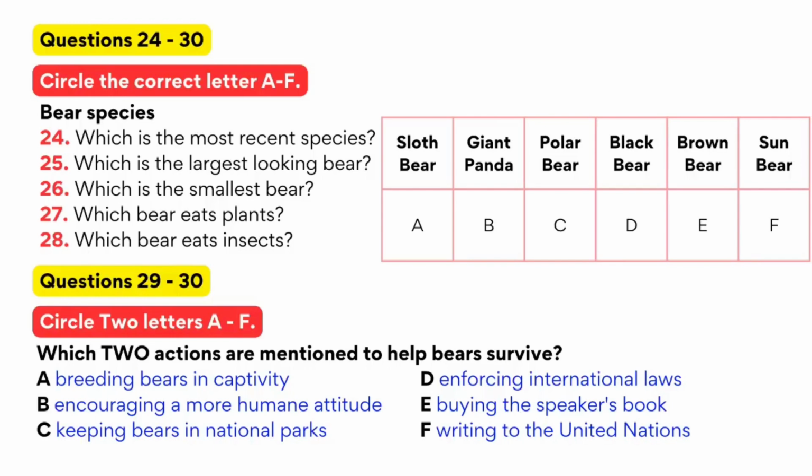Listen carefully and answer questions 24 to 30. So, how many bears can we find today? And are any of them in danger of extinction? Well, I'll answer your first question first.